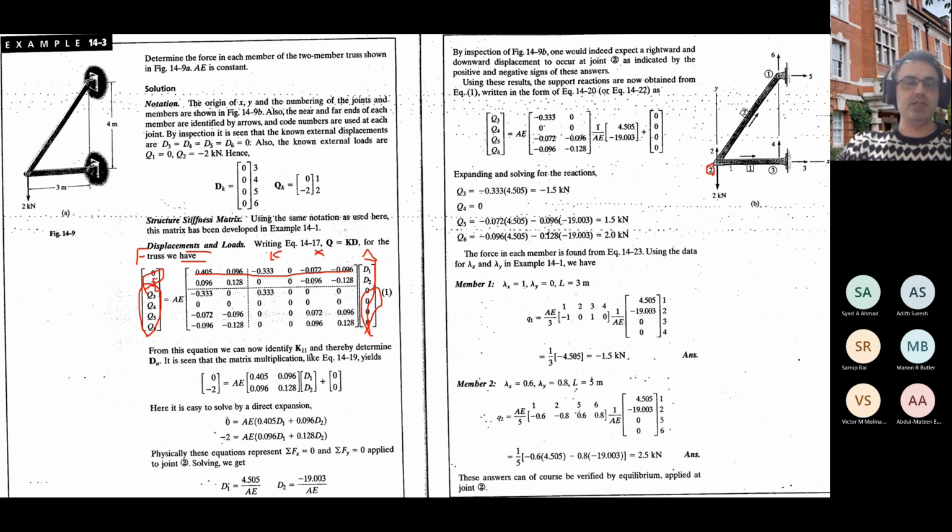And this 2 kilonewton is equal to the second line multiplied by this column. So if you do that, you will have two equations. And if you come back and write them again into the matrix form, you will come up with this kind of simpler arrangement of the matrix.